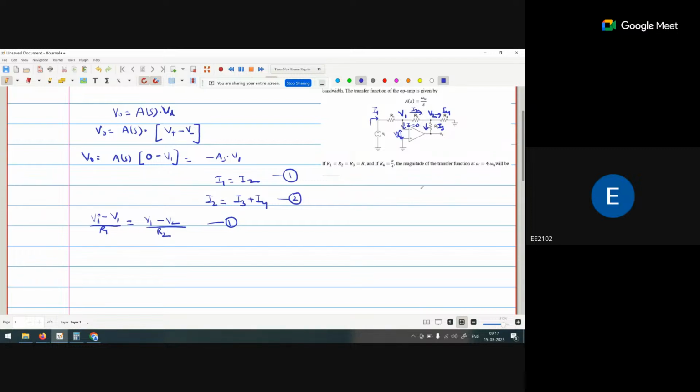Similarly, for equation number two, V1 minus V2 upon R2 is equal to V2 minus V0 upon R3 plus V2 upon R.